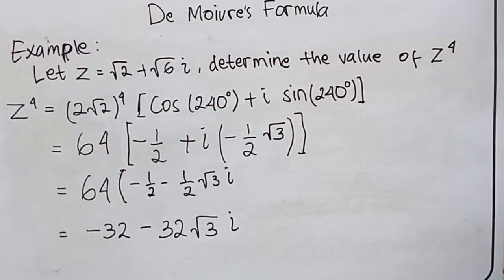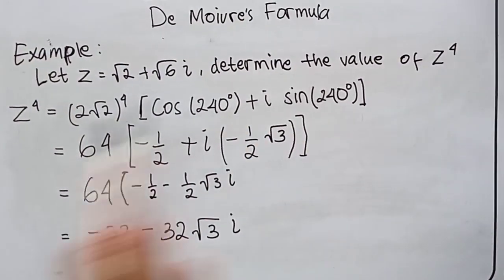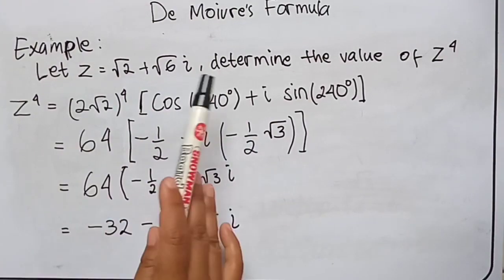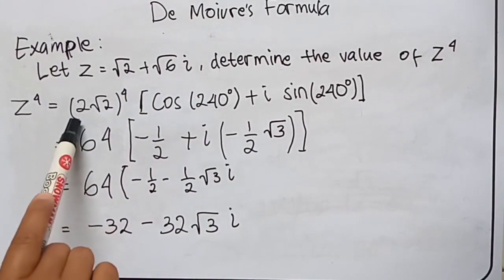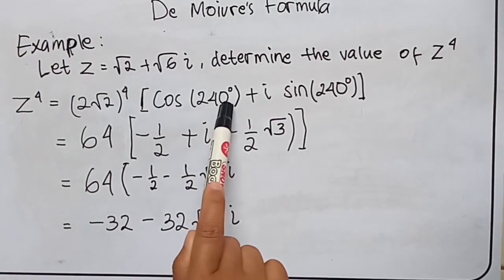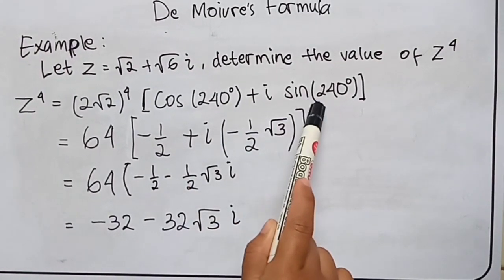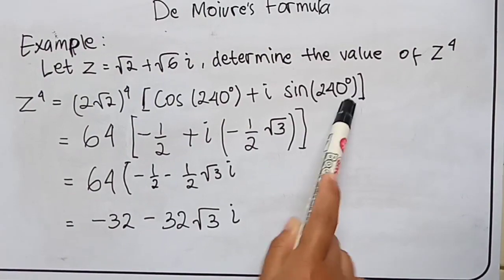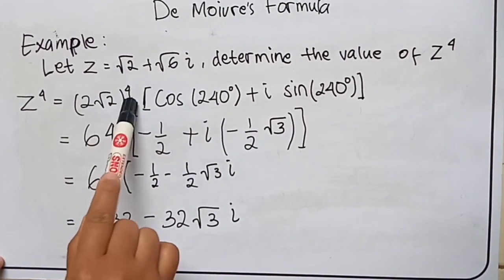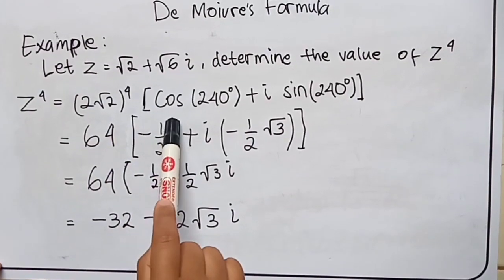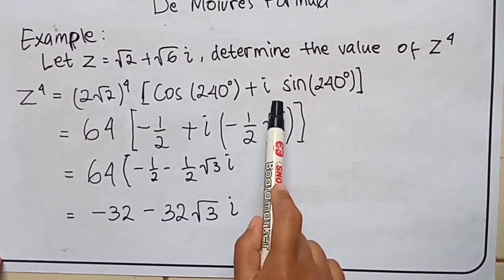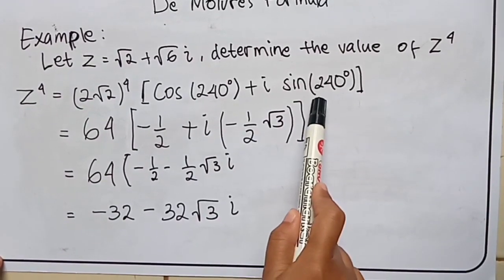Then to find z to the power 4, we should use De Moivre's formula. It's r to the power 4 times cosine 4 theta plus i sine 4 theta. Here we have 2 square root of 2 to the power 4 times cosine 240 degrees plus i sine 240 degrees.